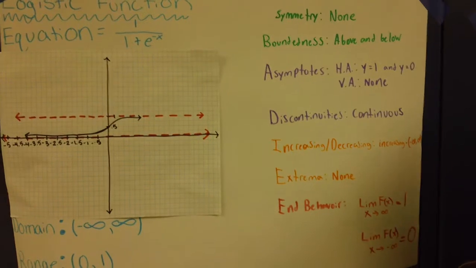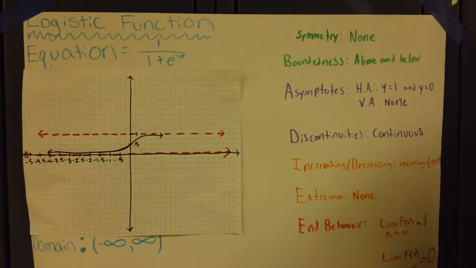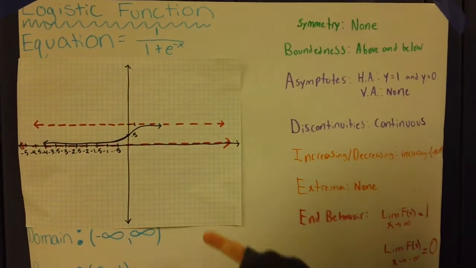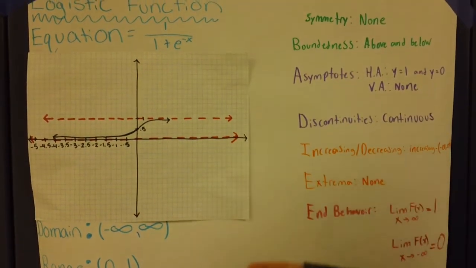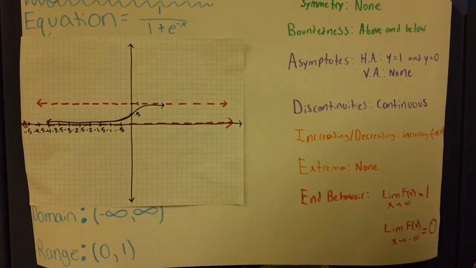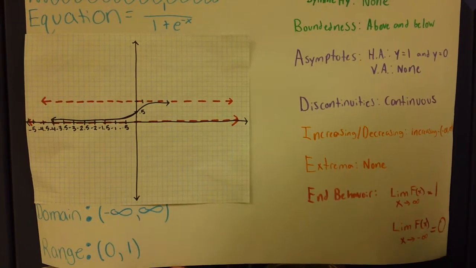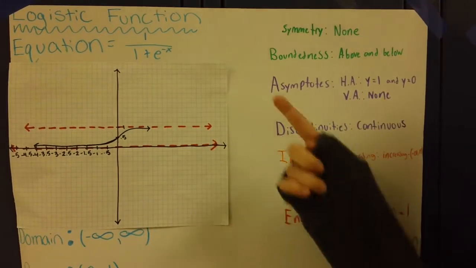Alright, so for the logistic function, the equation is 1 over 1 plus e to the negative x, and the graph looks like this, with 2 horizontal asymptotes, which are shown here. The domain is from negative infinity to positive infinity, and the range is from 0 to 1. There's no symmetry. It's bounded above and below.